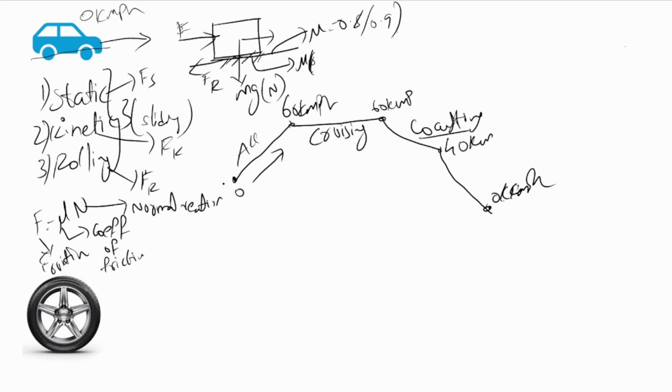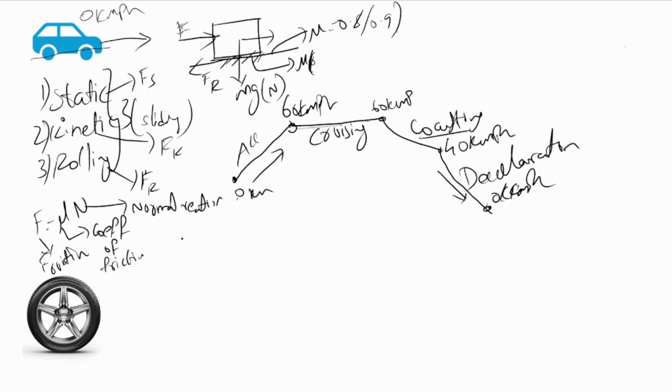So you're at 0 kmph, then you increase to 60, maintain that speed in the cruising phase, then remove your foot from the accelerator, which is coasting. Then from coasting at 40 kmph, you start applying the brake. This phase is called the deceleration phase. In any car, motorcycle or automobile, these phases are common: acceleration, cruising, coasting and deceleration.